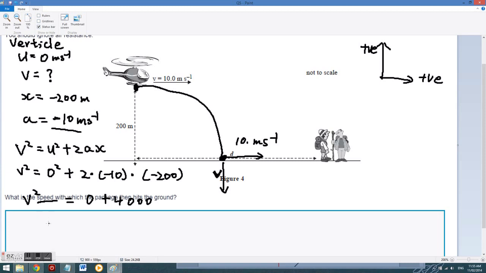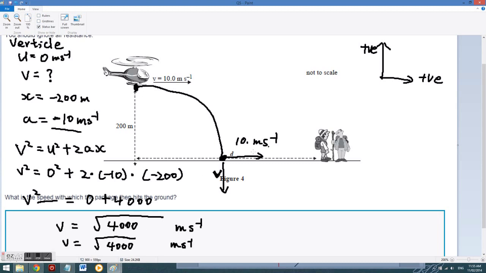And v should be the square root of 4,000. Put it in your calculator, meters per second.